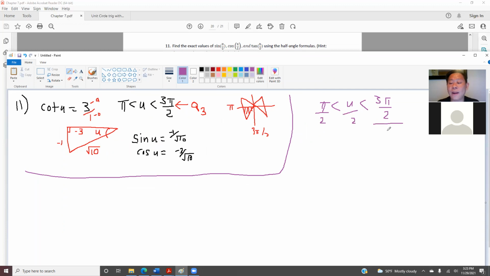So what happens when I divide everything by 2? You get pi over 2 here, and you get u over 2, and you get 3 pi over 4, because 2 times 2 is 4. So can someone tell me what quadrant this belongs to?